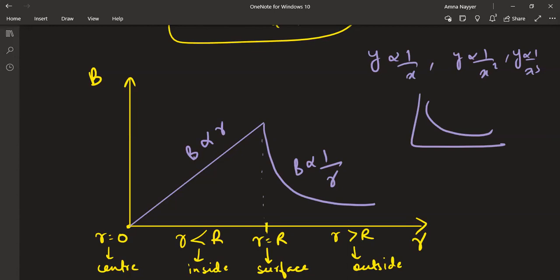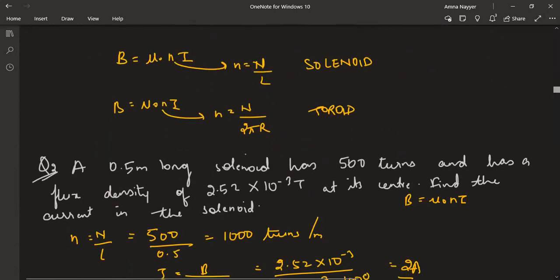When you reach the surface and move outside, it will be inversely proportional, which is why we get a hyperbola. This graph can also come from your theory point. It is not necessary that it comes as a numerical.